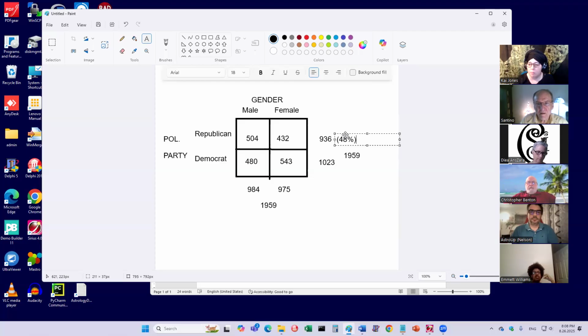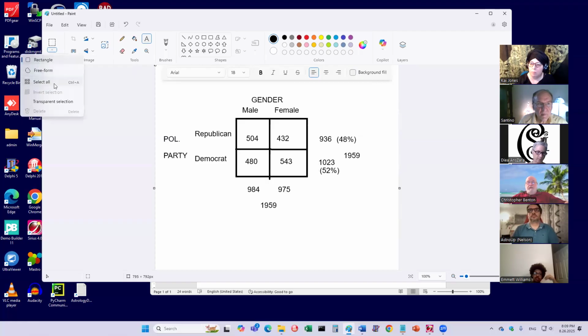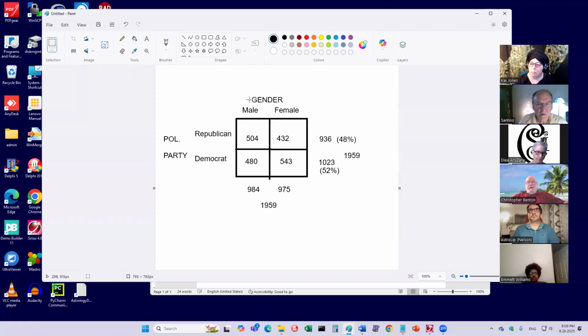Just as a reference point, the way we find the expected values is if 48% of these people voted Republican, and if there's no interaction between the political party and gender, these two categorical variables, then if you've got 984 people who were male, you'd expect 48% of them to vote Republican.